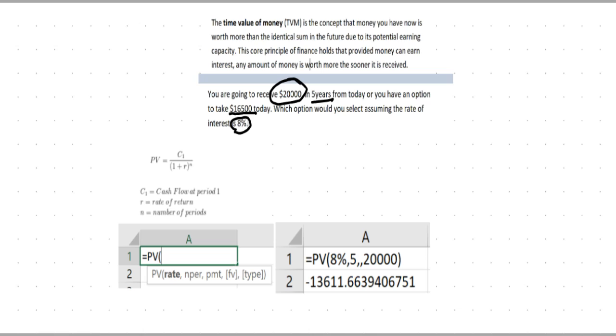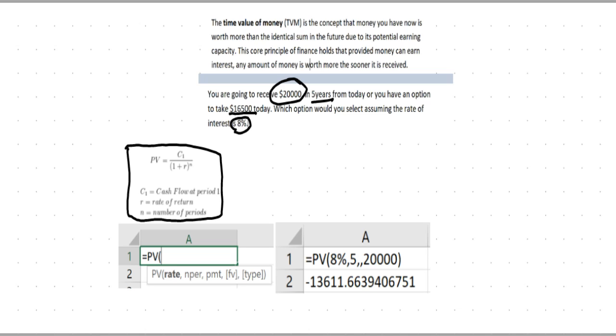So this can be calculated using this present value formula, which is written over here. So PV is equal to Cn divided by (1 plus R) to the power n, where Cn is the cash flow at period n, R is the rate of interest, and N is the number of periods.